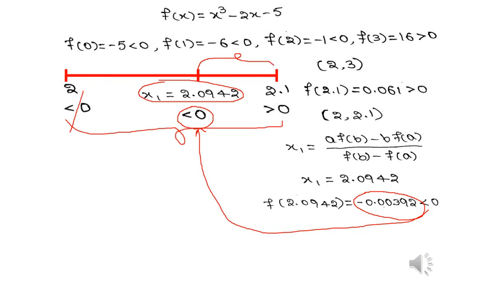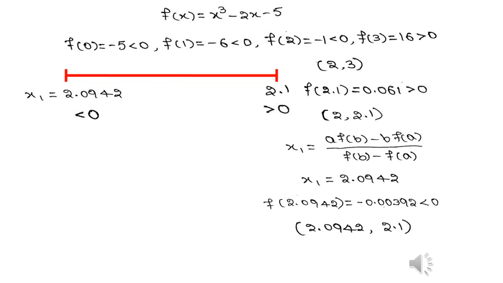Yes, we got the range which is even smaller than the previous. Now again we apply the same formula in between 2.0942 and 2.1 to get one more improved root, that is called x2.